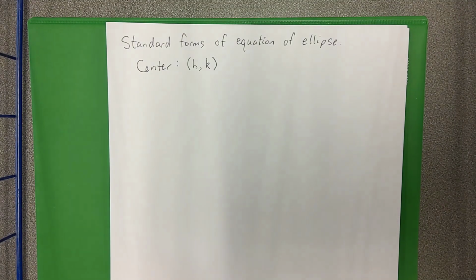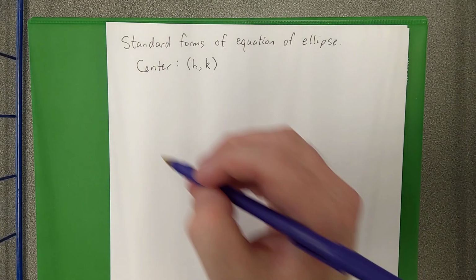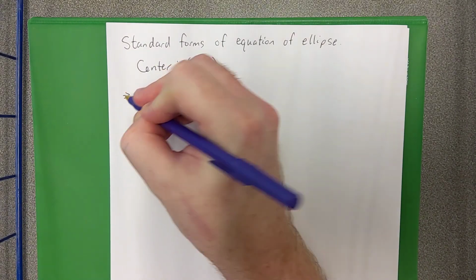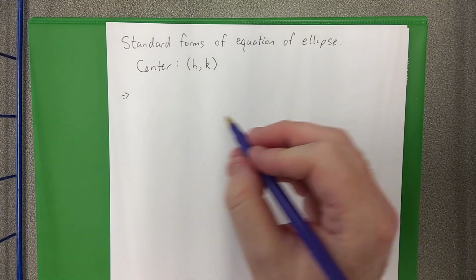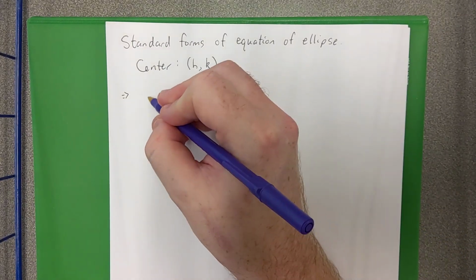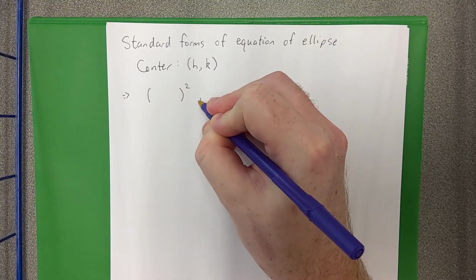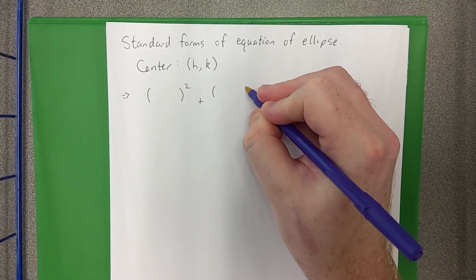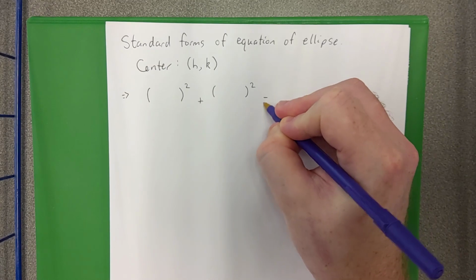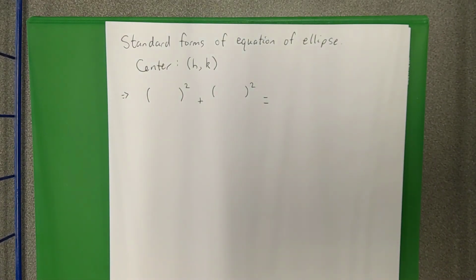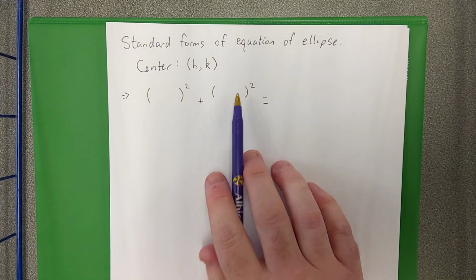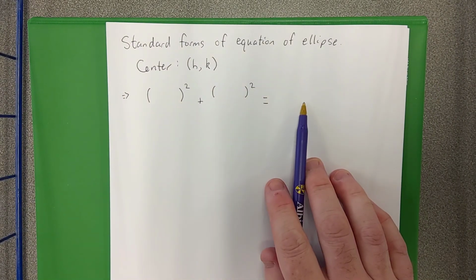Additionally, we have two different orientations of the ellipse, but before we do so, I wanted to give you sort of the overarching what the equation of the ellipse looks like. So this can be derived through a great deal of algebra, but because the ellipse looks so very similar to the circle, it actually starts off in a very similar way to what we saw for the circle, where we'll see something squared plus something squared is equal to something else that's squared.